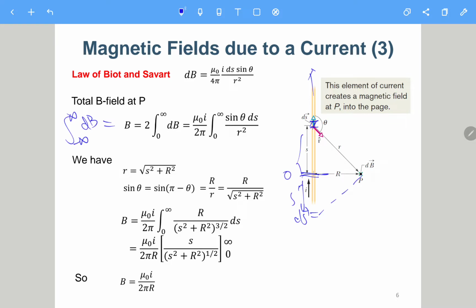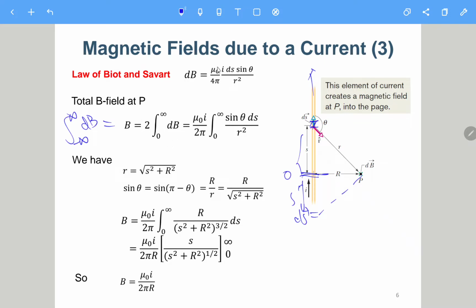At this point the direction would be ds cross r hat, so it points into the page, and so does the other point. ds also points upward, and r hat points to this side, so the cross product also points into the page. The magnitude will be the same, so this integration is symmetric. It's an even function, so we just cut it by half and multiply by 2.